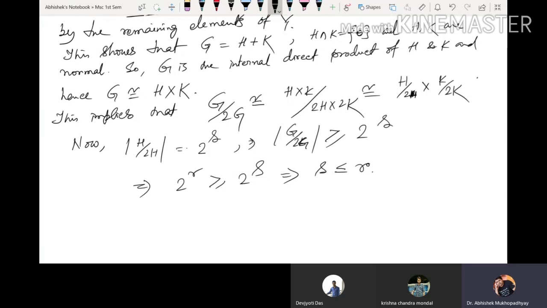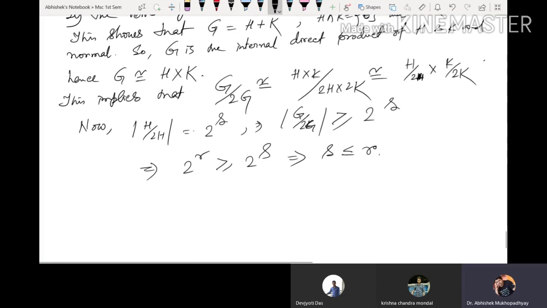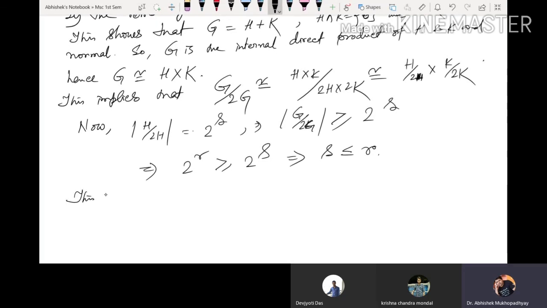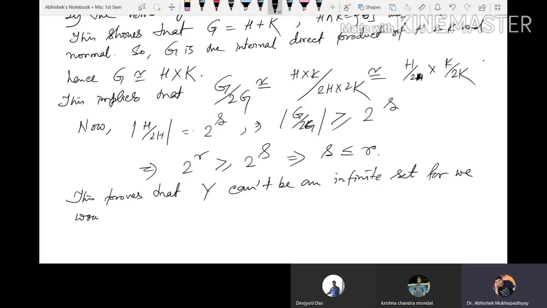Okay, so this proves that Y cannot be an infinite set, for we would have s greater than r.